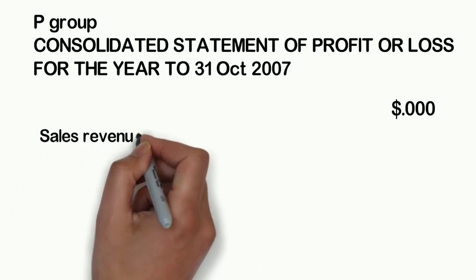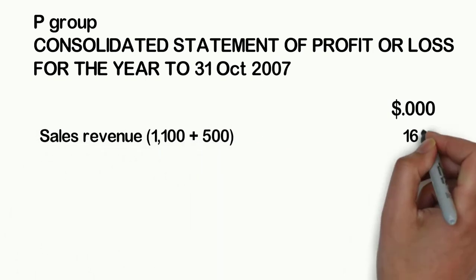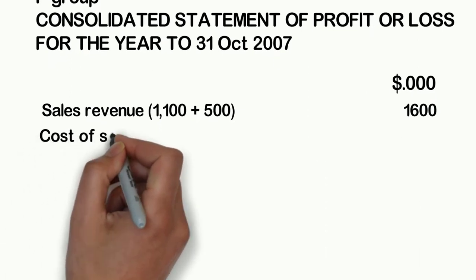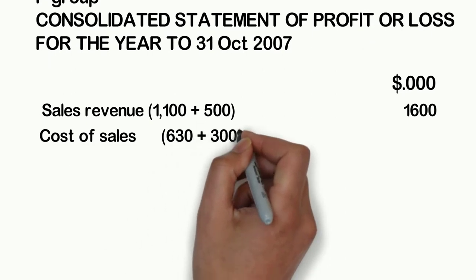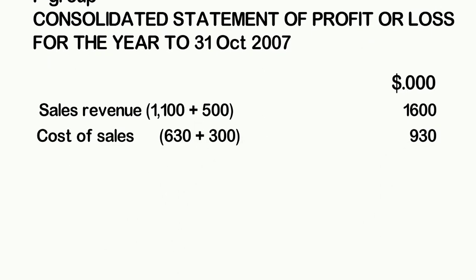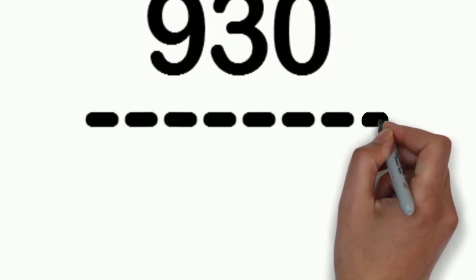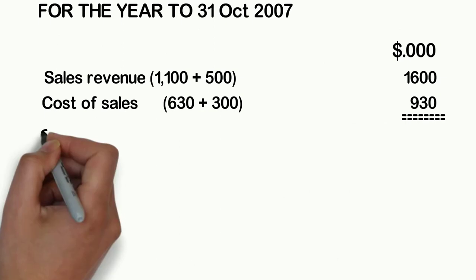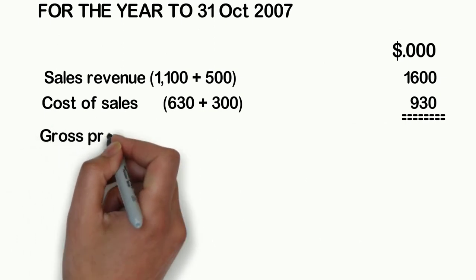Sales revenues are $1,100 plus $500 equaling $1,600. There are no intragroup transactions in this question, so we just add the figures of both P and S. Similarly, cost of sales will be added as $630 plus $300 equaling $930. Then we reach the gross profit of $670.